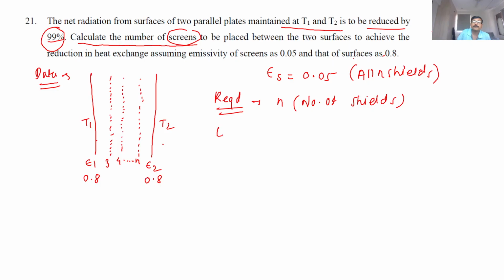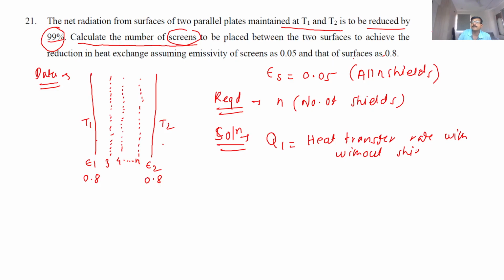Let's say Q1 is the heat transfer rate without shield, which means nothing is there between the two surfaces 1 and 2, and Q2 is the heat transfer rate with N shields, N meaning the number of shields.